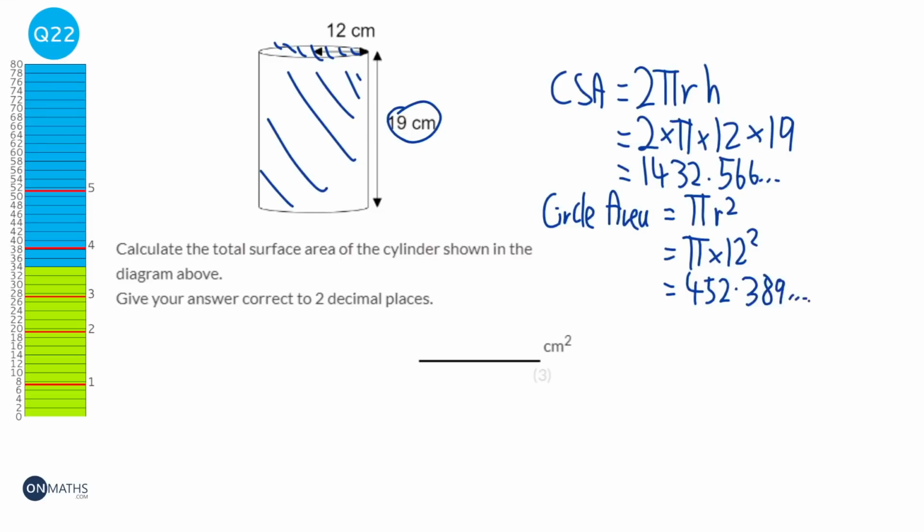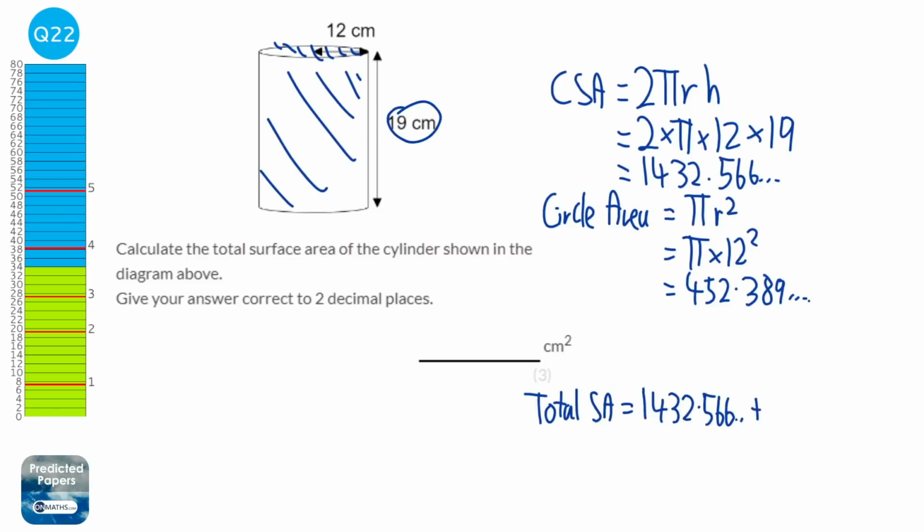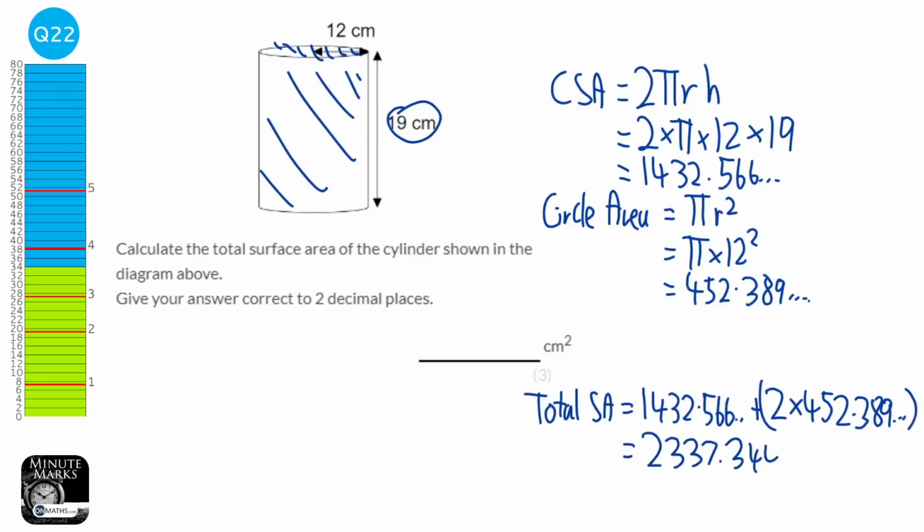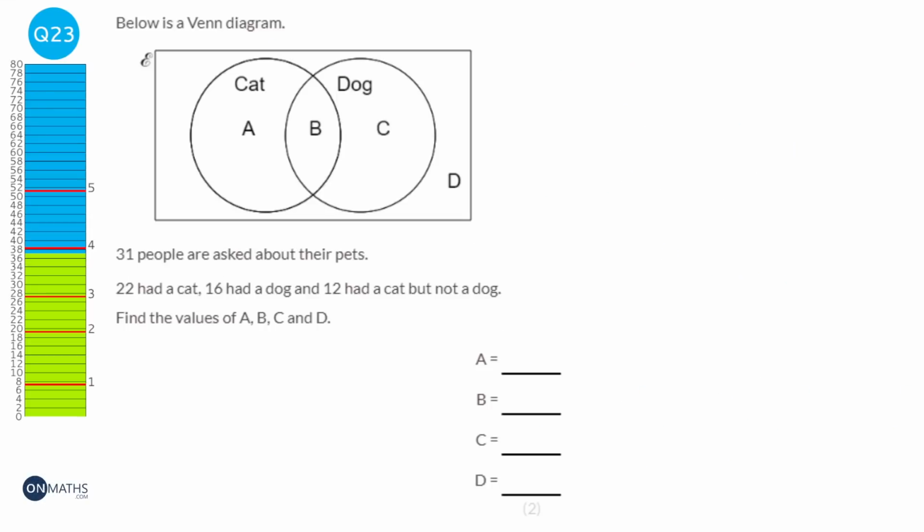Now there are actually two circles, so when we work out the total surface area, we add the curved surface area to two lots of the circle area, because there's one circle at the top and one at the bottom, and that gives us 2337.344, blah, blah, blah, and to two decimal places, that is 2337.34.